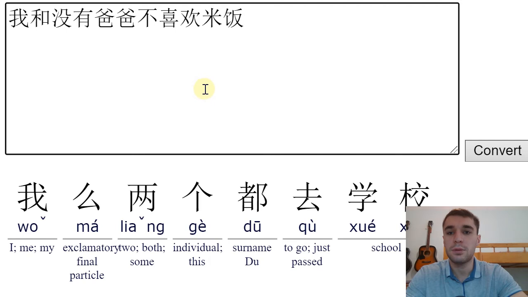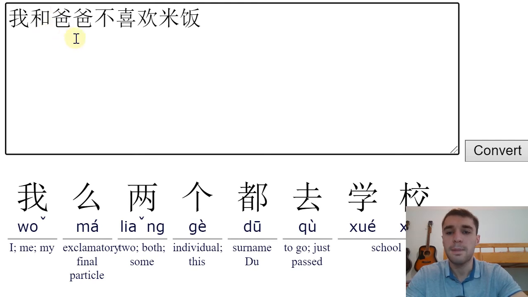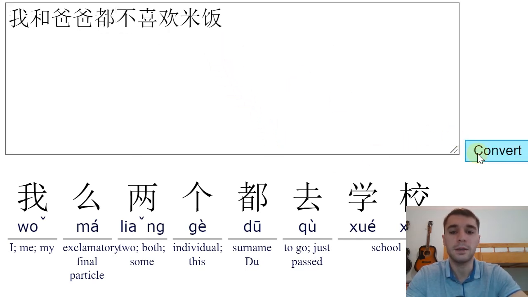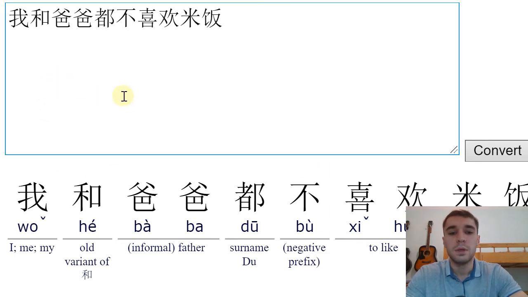So here I should write do, right? So where should I write do? 我和爸爸不喜欢米饭. So 我和爸爸都不喜欢米饭. So we don't like rice. I think you got it.